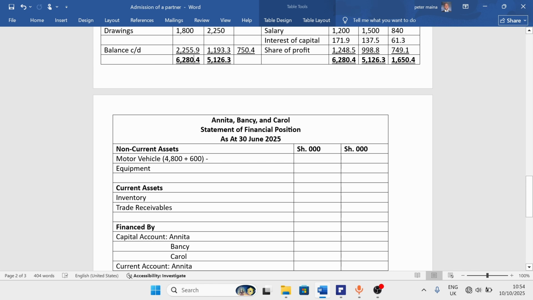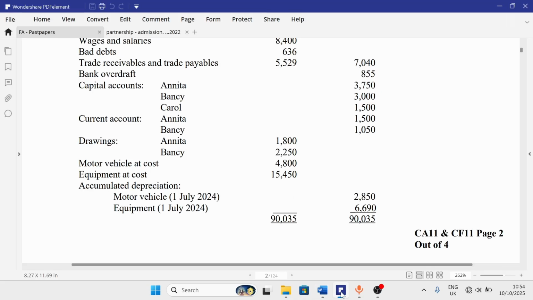And we start with the non-current assets. So the non-current assets, we start with motor vehicles. For motor vehicles, we have 4,800 plus 600. This is the cost of motor vehicle that the partners had at the beginning of the year. And then the 600 is the one that was introduced by Carol because the adjustments had not been done.